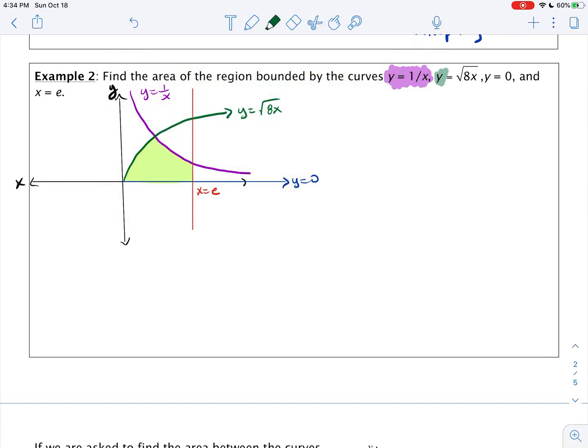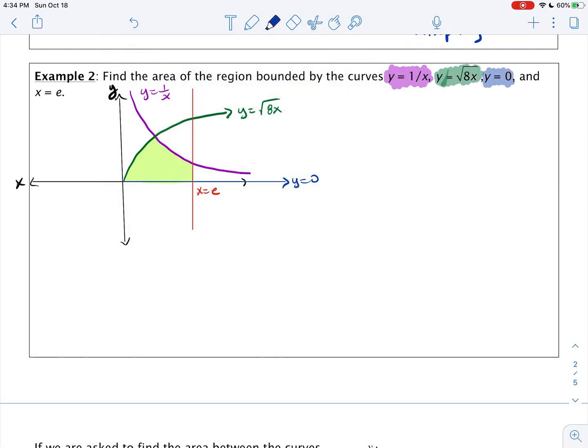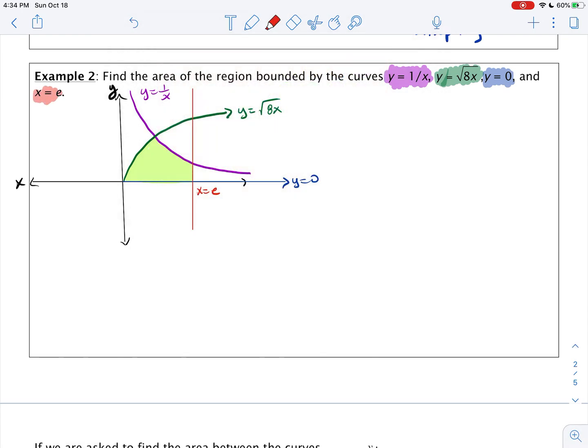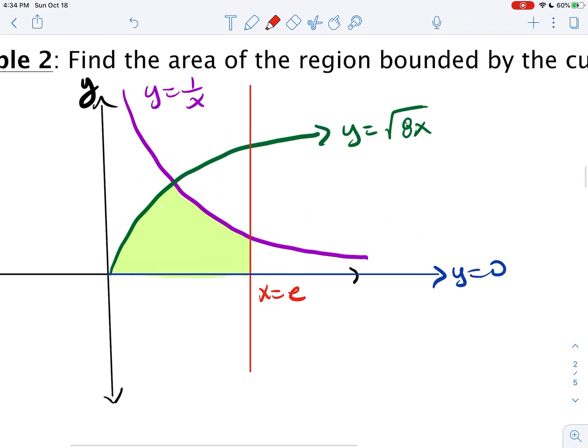I have put in green y equal to the square root of 8x. I have put in blue y equal to 0, and I have put in red x equal to e. So if I scroll in and zoom in on my graph, the area that is trapped by all of the different colors is the area of the region that we want to find.